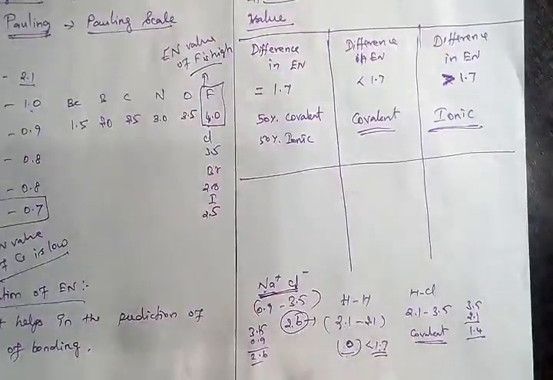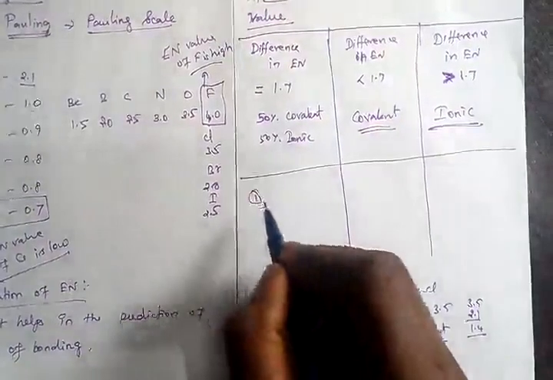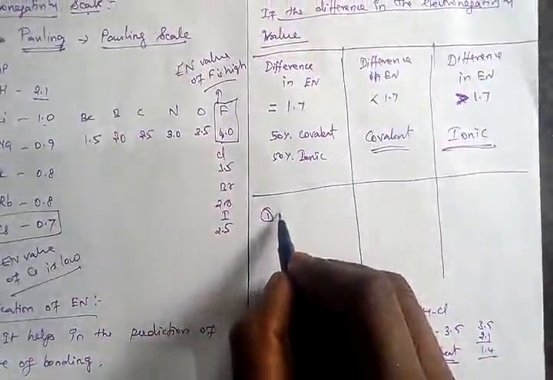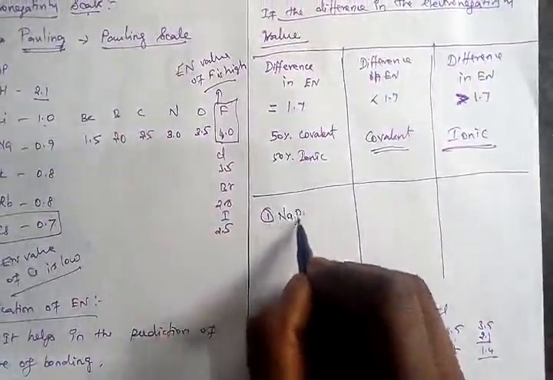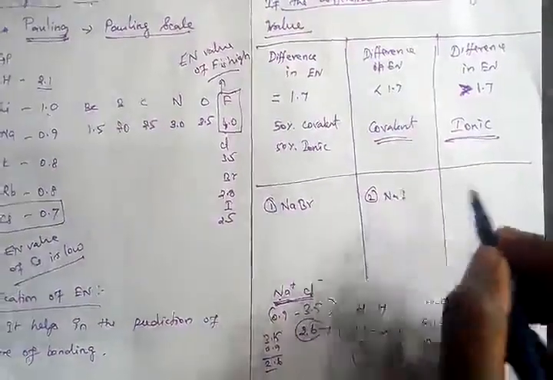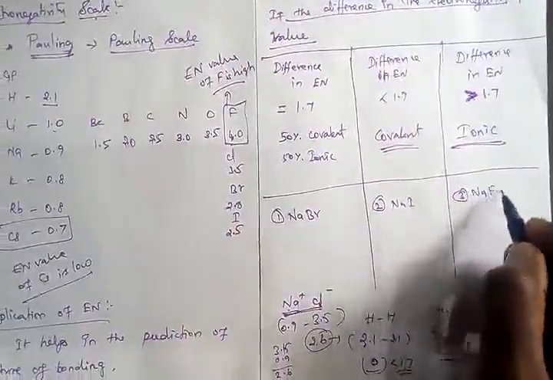Now we will give some more examples so that you can work out. Look at the first one. Find out the electronegativity difference of NaBr. Second one NaI. Third one NaF.